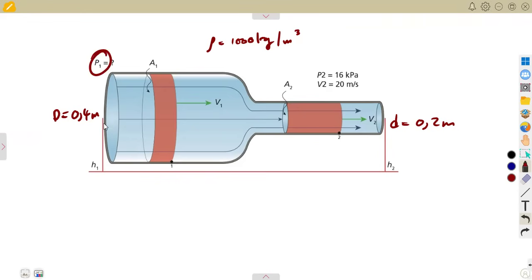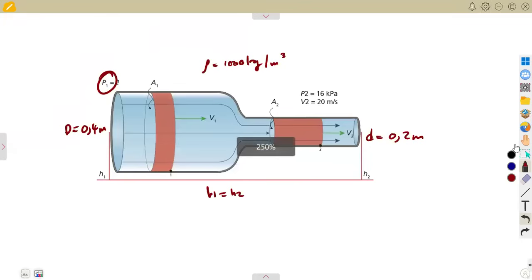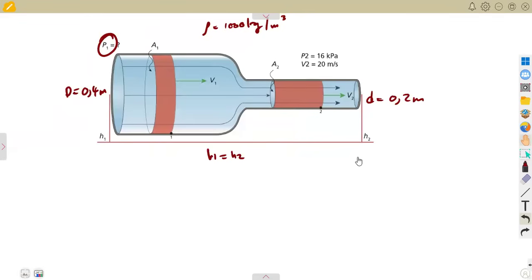Like I said, since you're not given the heights, we are going to assume this to be horizontal, because on a horizontal, the heights are the same. So if H1 is equal to H2, there's no need for you to consider that H in your formulas. This one is just a repetition. I had this in the introduction, and I also talked about the relationship in velocities.